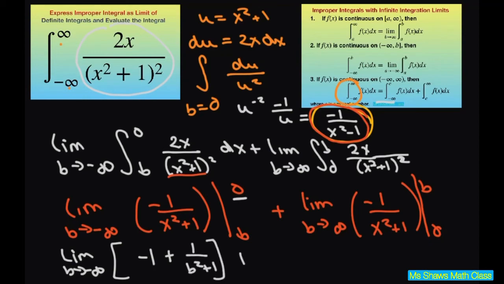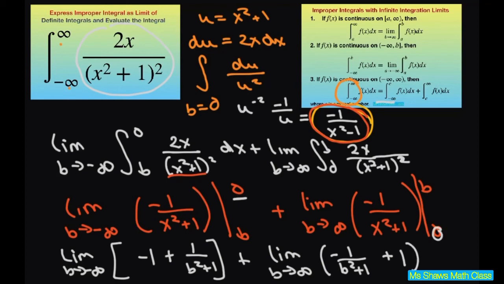All right, now for this side, you're going to get the limit as b approaches infinity. And when you plug in b, you're going to get negative 1 divided by b squared plus 1. And then we're going to have a plus 1 here when you plug in the 0. You minus the negative. All right.